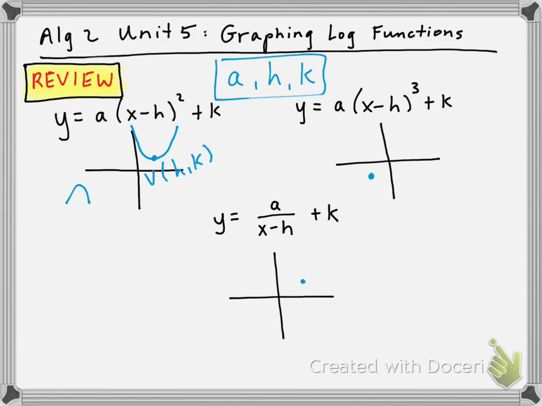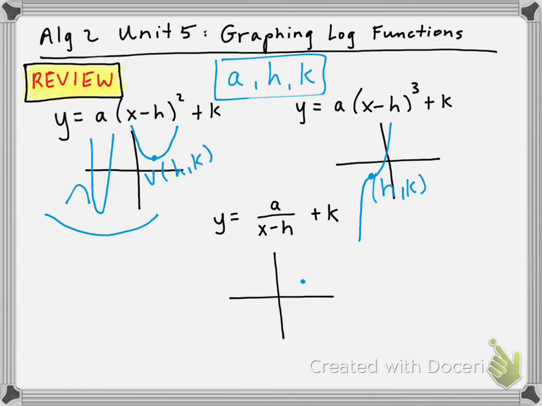If the a is a big number, it's a vertical stretch. If the a is a smaller number, 0 to 1, we have a wider graph, vertical compression. So the a, the h, and the k don't change their purpose no matter what the function is. If you remember, the h and the k happen to be the inflection points on the graphs of cubic functions.